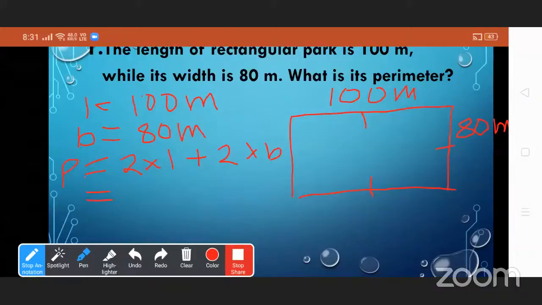L is given, L is 100 meters. So 2 into 100 plus 2 into 80. 2 into 100 is 200, plus 2 into 80 is 160, so 360.